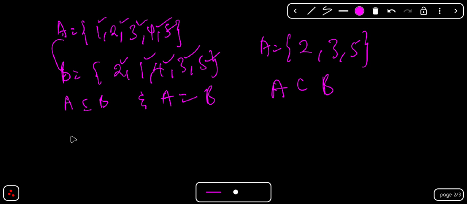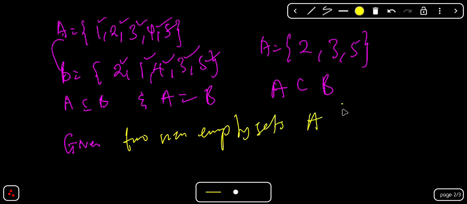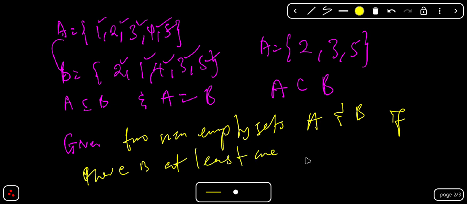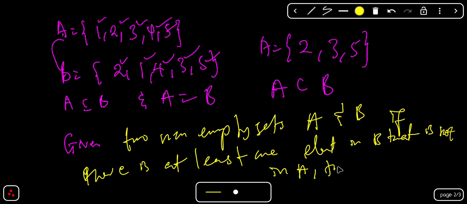Given two non-empty sets, let's use A and B. If there is at least one element in B that is not in A, then we say A is a proper subset of B. If A is a proper subset of B, then we can say B is a superset of A.